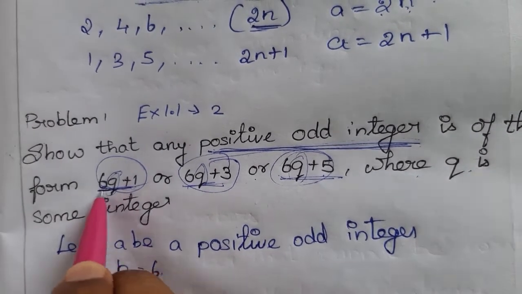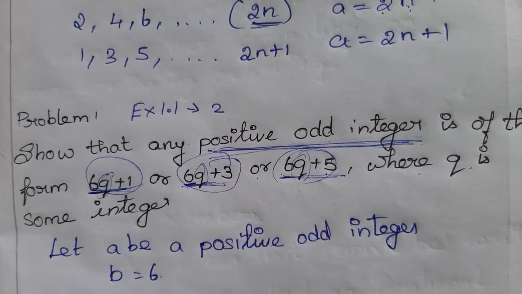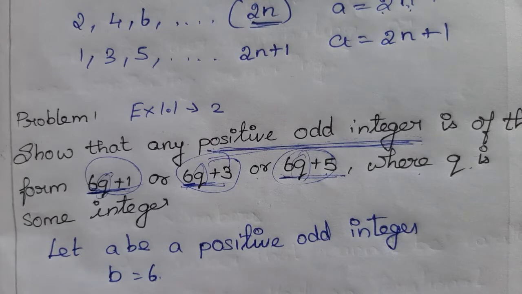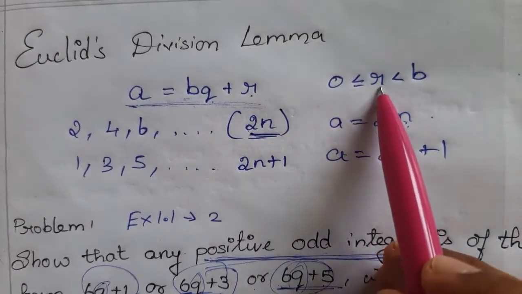From here you can see b is equal to 6, right? And q can be 0 or greater than 0, that's not a problem. But we have a condition for r: 0 is less than or equal to r less than b.